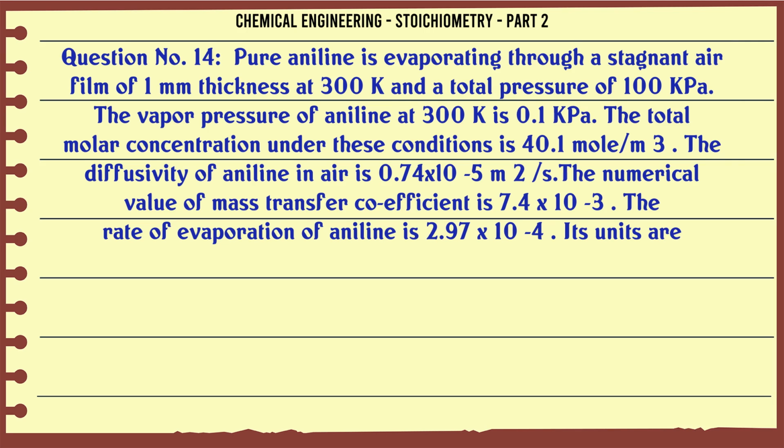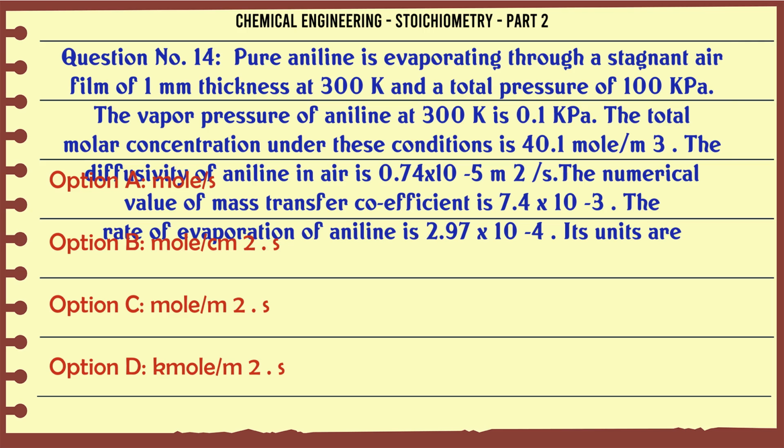Pure aniline is evaporating through a stagnant air film of 1 mm thickness at 300 K and a total pressure of 100 kPa. The vapor pressure of aniline at 300 K is 0.1 kPa. The total molar concentration under these conditions is 40.1 mol/m³. The diffusivity of aniline in air is 0.74 x 10^-5 m²/s.